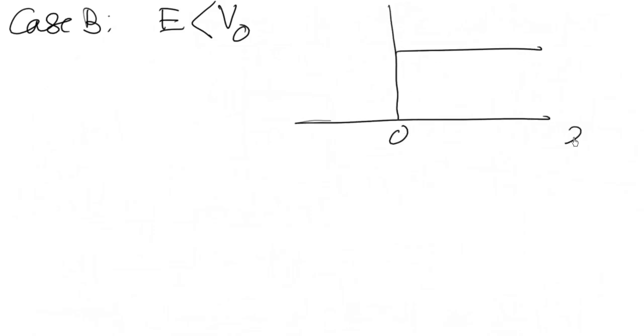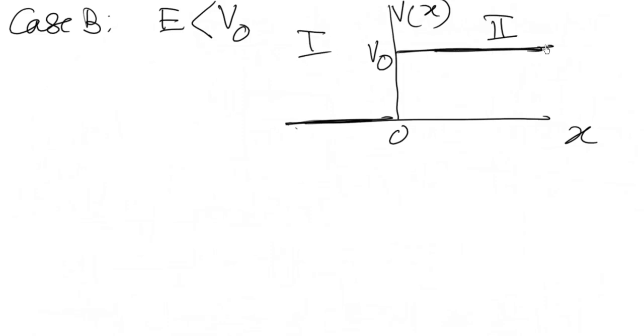Now here total energy is less than the potential barrier height. This is region 1 and this is region 2. In this case we do not consider region 1 because we will be interested only in region 2.